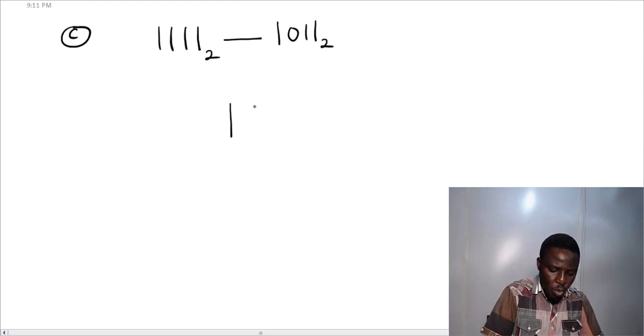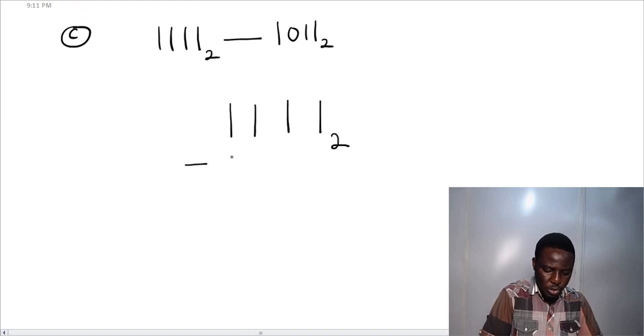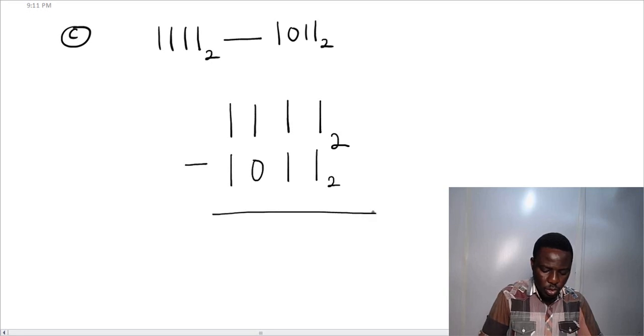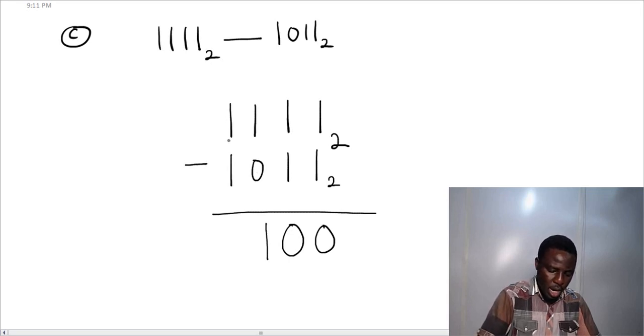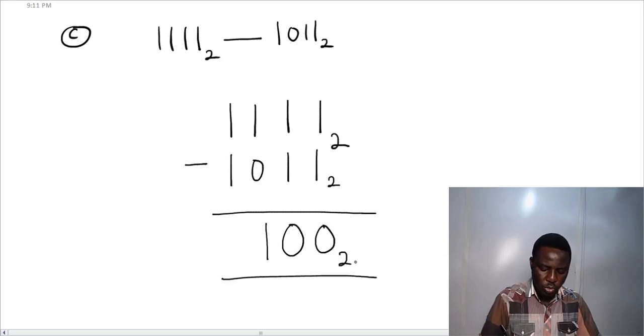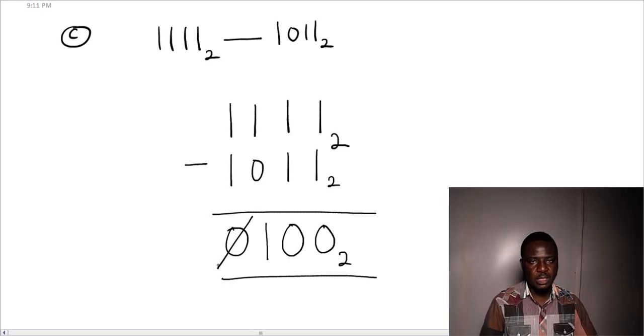Now you subtract. 1 minus 1 is 0. 1 minus 1 is 0. 1 minus 0 is 1. And 1 minus 1 is 0. So our answer becomes 1000 base 2. It is not necessary for you to put this 0.